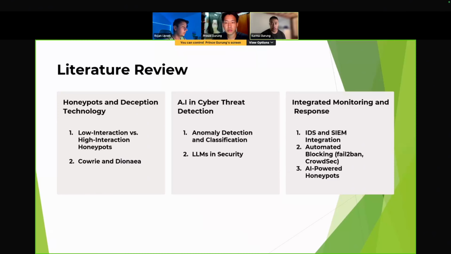Talking about integrated monitoring and response, we have Fail2ban and everything, and these things basically prevent the system from being hacked, preventing hackers who want to gain unauthorized access to our system.